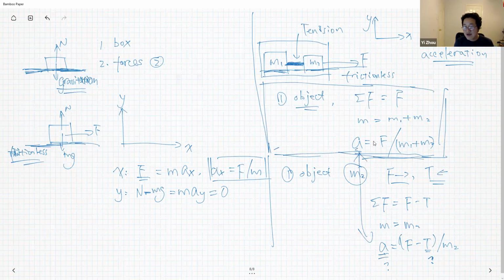So now we already solved this acceleration, which is F divided by M1 plus M2. Now it's equal to F minus T divided by M2. So can we find T now?